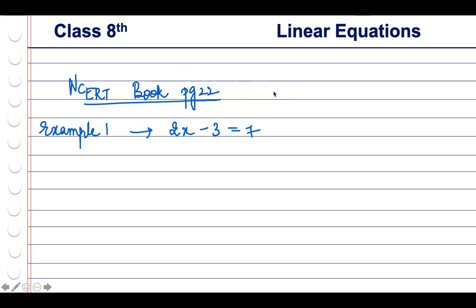Now how are we going to solve this? Very simple. We only want x on the left hand side. This is your LHS. This is your RHS. On your LHS, you only want the variable to be there. So you transpose this 3 to your RHS.